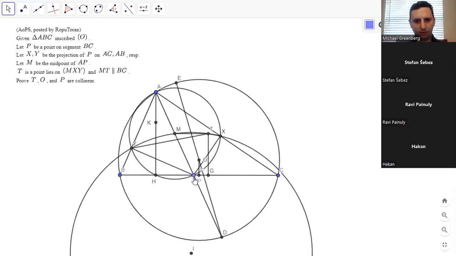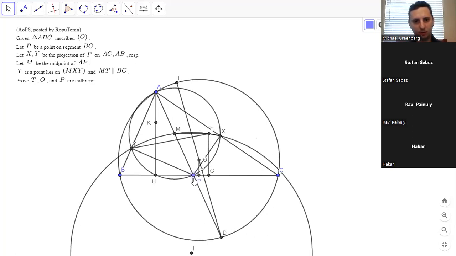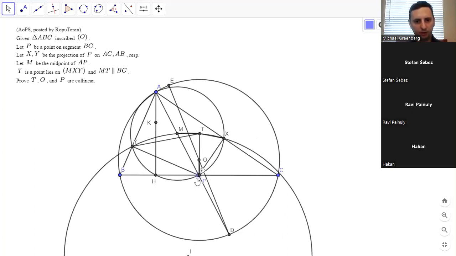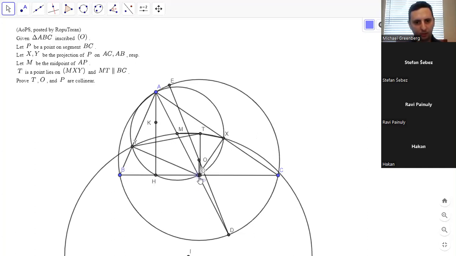Midpoint is probably easy. So if P is the midpoint, then we want to show T. Is it trivial? Basically, you're taking the midpoint of the median and you're taking a parallel to MTX or MYX.